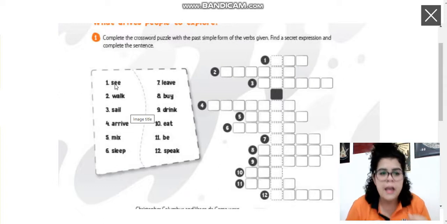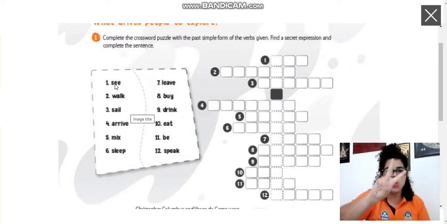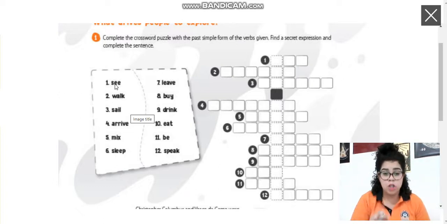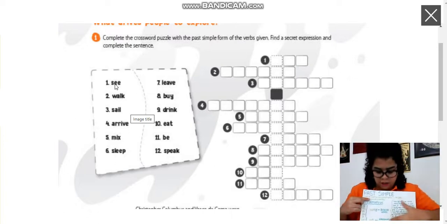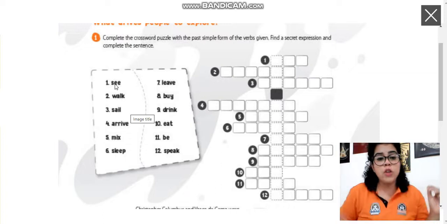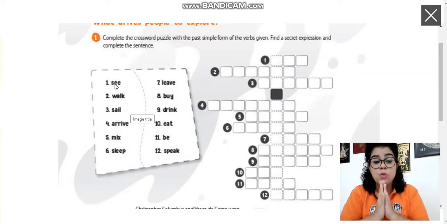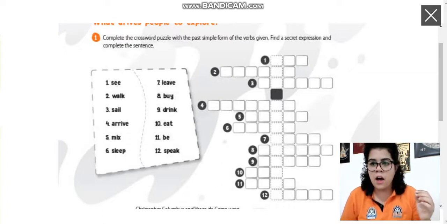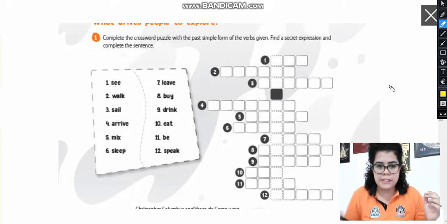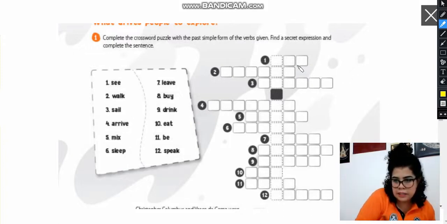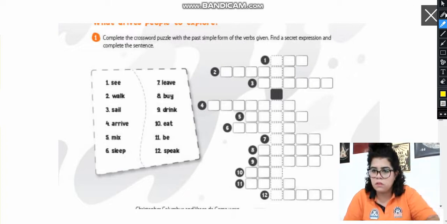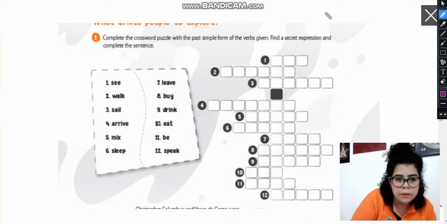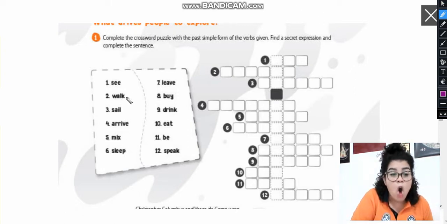So first, remember, we have two kinds of verbs. We have the regular verbs, and we have the irregular verbs. The regular verbs are those that we just add -ed at the end of, remember? For example, walk.